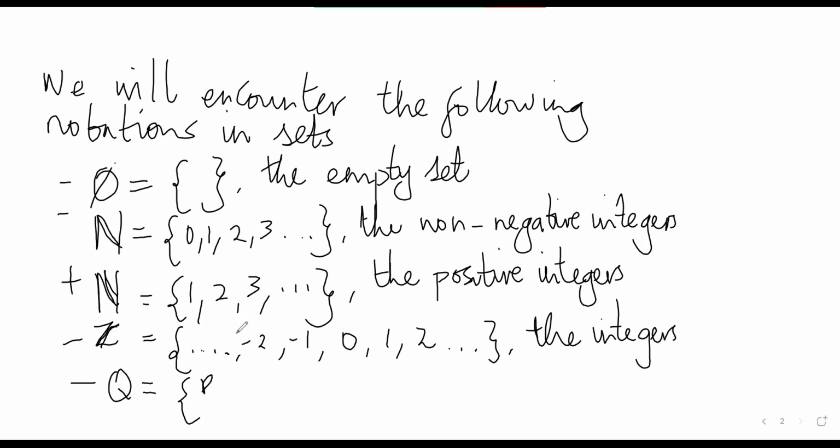So Q is p over q, which is equal to a over b, a and b being members of the natural numbers, and b not being equal to 0. When we have these numbers, we call them the rational numbers.